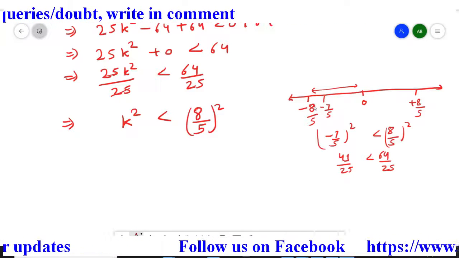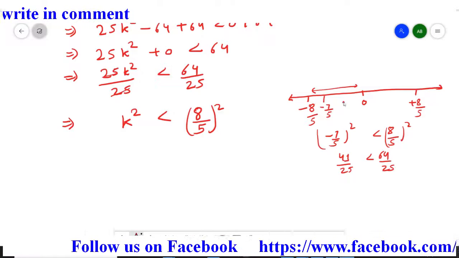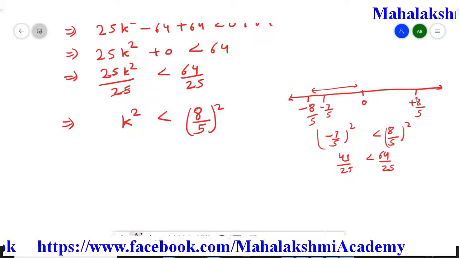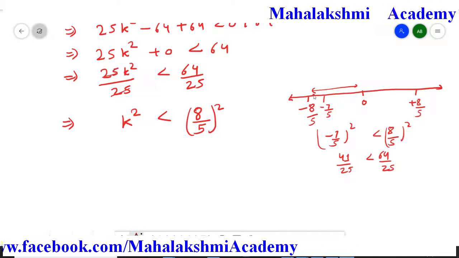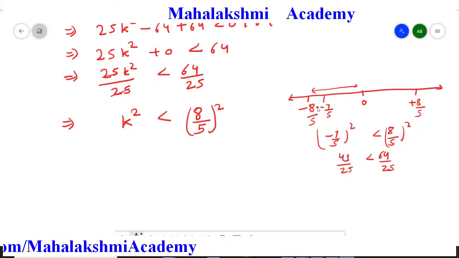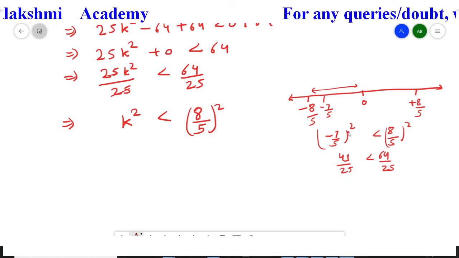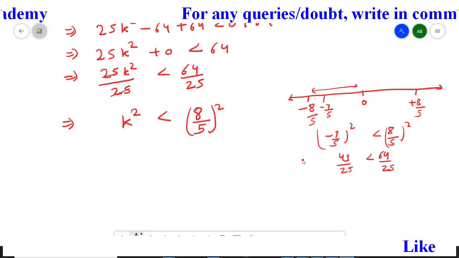So all the numbers present between minus 8 upon 5 and 8 upon 5, for all the values, this equation is going to be satisfied. Here I took only one example.